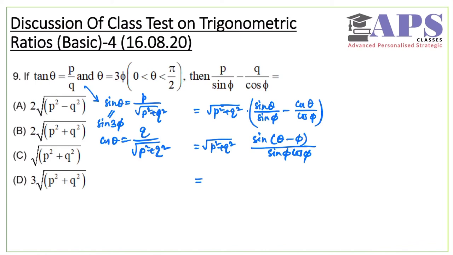Yes, we can put theta as 3 phi here. If I put that now, there will be no theta. We will have root over p square plus q square sine of 2 phi, and the denominator is sin phi cos phi, which is also sine of 2 phi, but I have to multiply it by 2 here. So now this is cancelled, and we are getting 2 root under p square plus q square as the answer. So option B is correct.